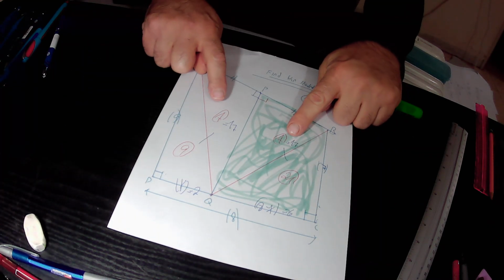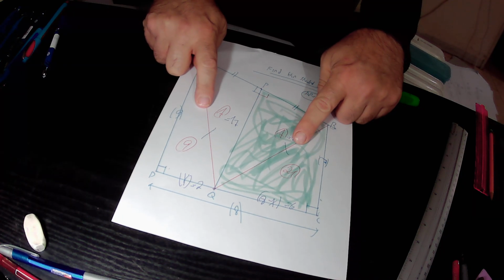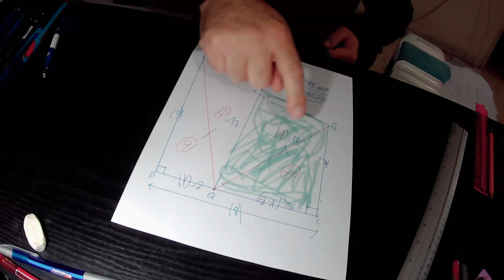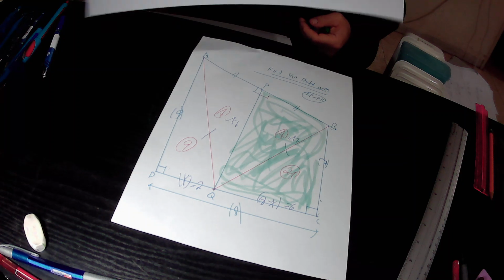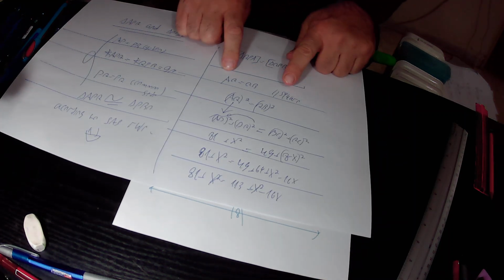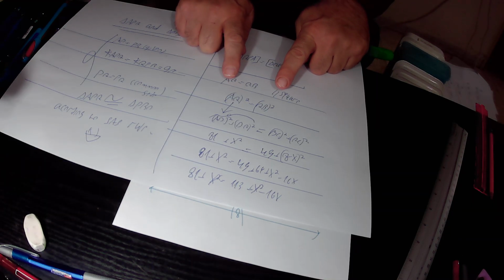So AQ equals BQ, and if we square both sides of the equation, we find that AQ squared equals BQ squared.